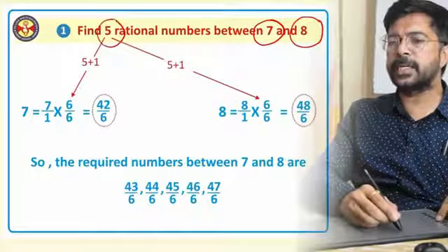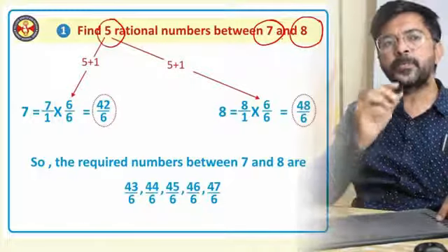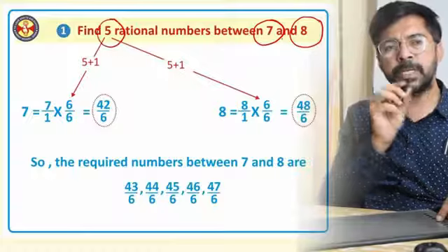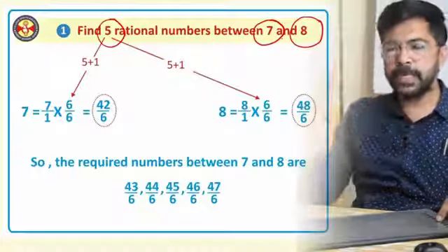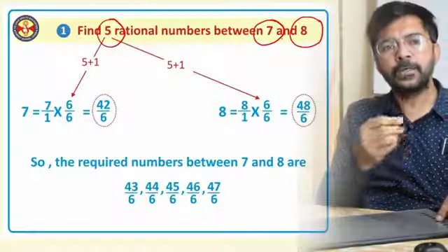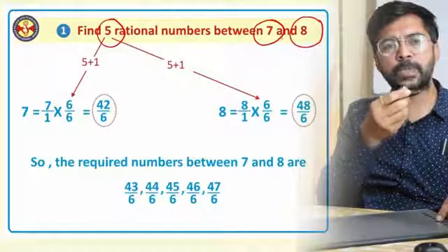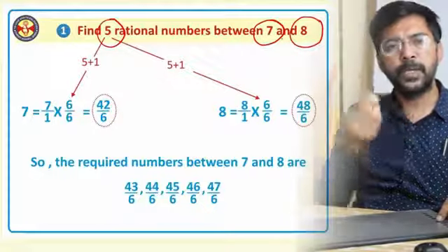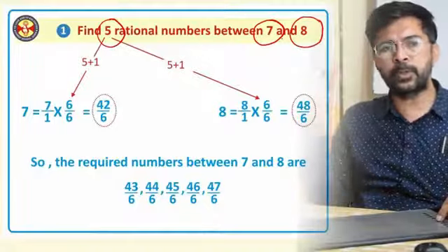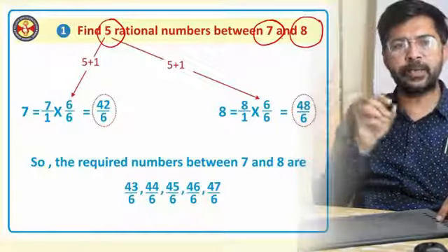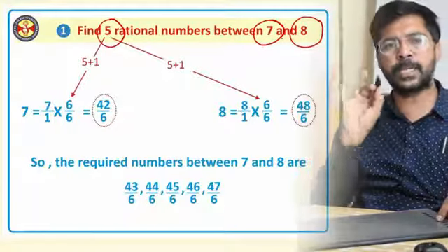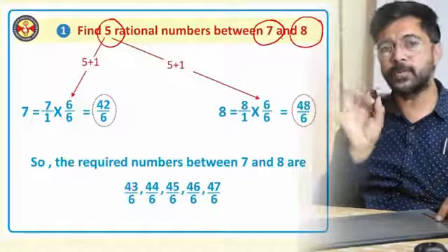But in this method, we must remember that the denominator of given numbers must be the same. Here 7 and 8 are integers, but we can say the denominator of 7 is 1. For integer 8 also the denominator is 1. So in this case the denominators are the same, that is 1.